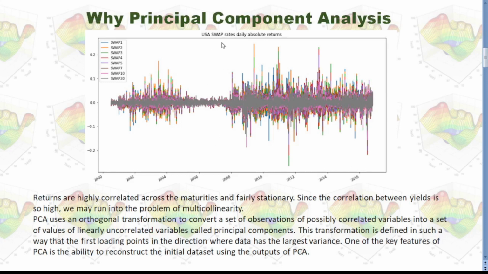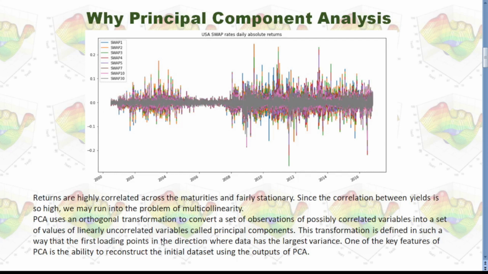When we check the swap rates' daily changes, you can see returns are highly correlated across the maturities and fairly stationary. Since the correlation between yields is so high, we may run into the problem of multicollinearity.